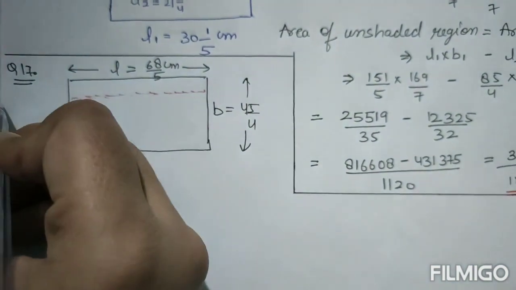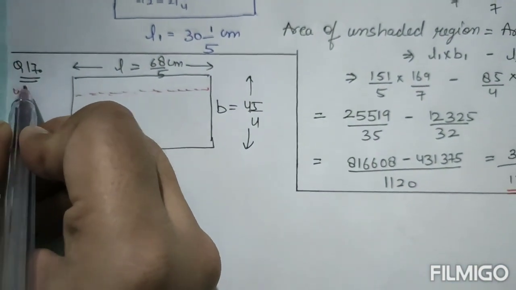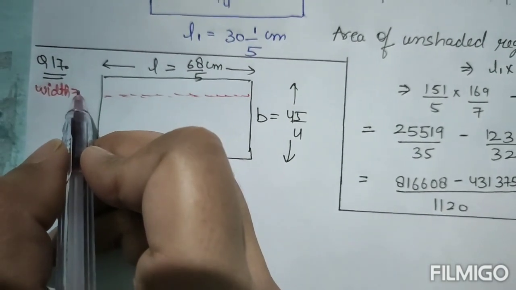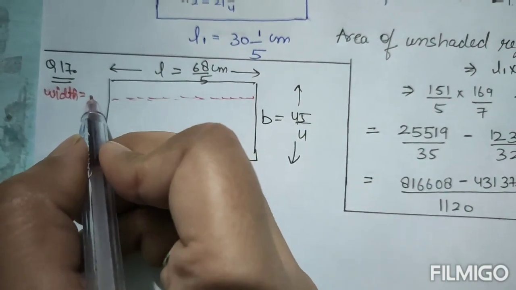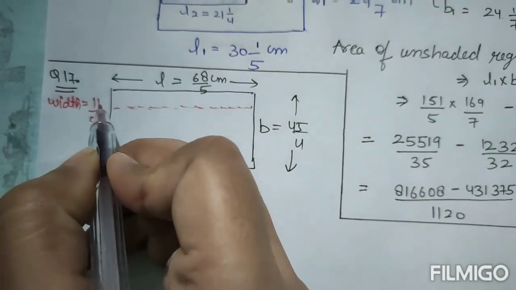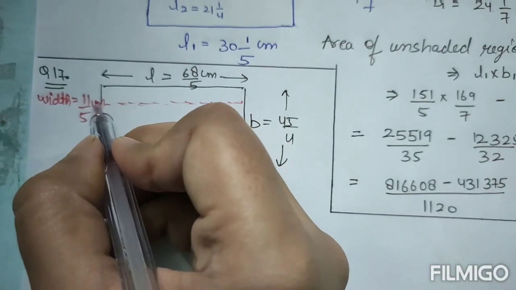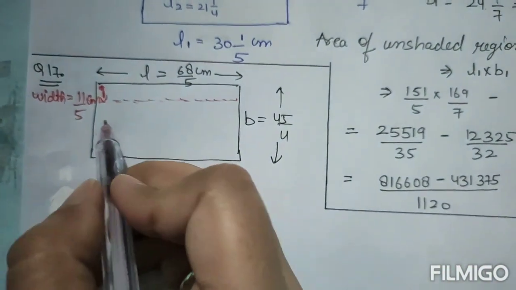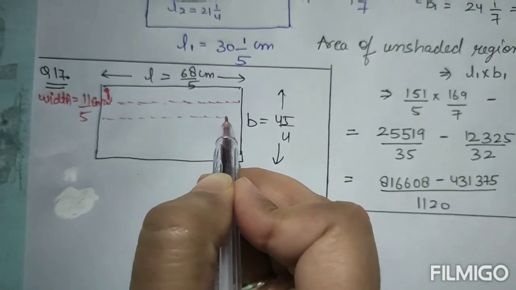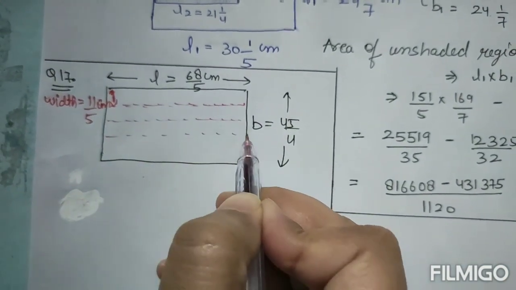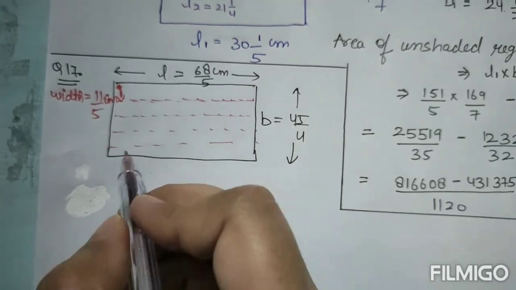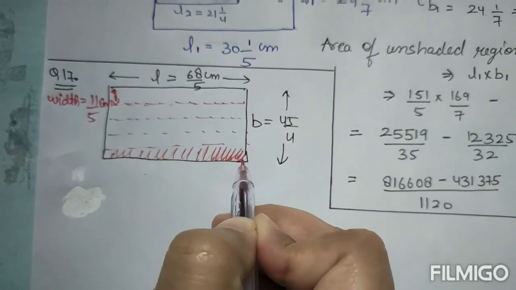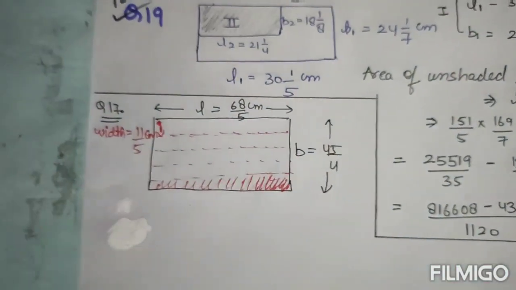Now its width is 1 by 5, that is 1 by 5 cm. Clear? This is its width. So you have to cut rectangular pieces of this width. Suppose this is the leftover that remains at the end, and we also have to find its dimensions. Clear?